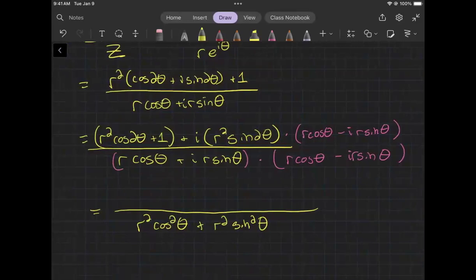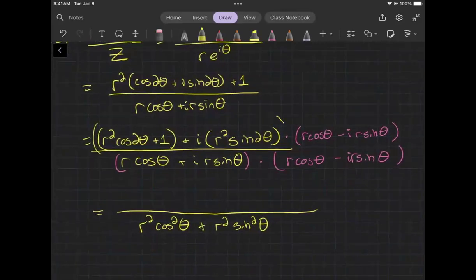Okay, so now we're going to have to multiply this number by r cosine theta minus i times r sine theta.